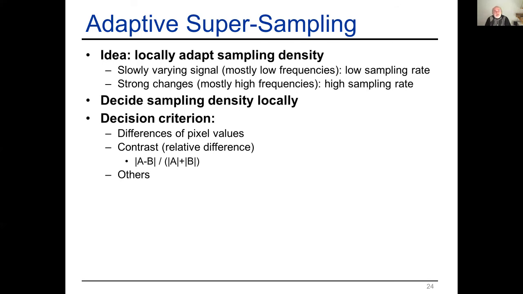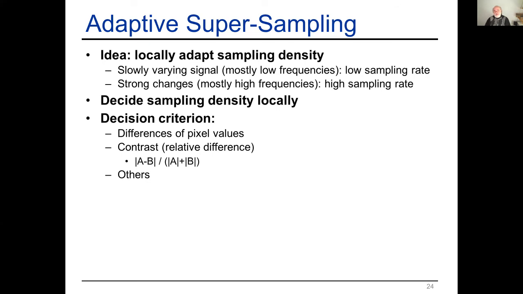So the idea is that I adapt my sampling rate to what I see in the image. If there are high frequencies in the image, then I take more samples. And if I don't see any differences, then I get away with fewer samples. Now, the problem is I don't know what the image is, because that's what I'm doing in ray tracing. I'm computing the image. I don't know what's in the image unless I have taken the rays.